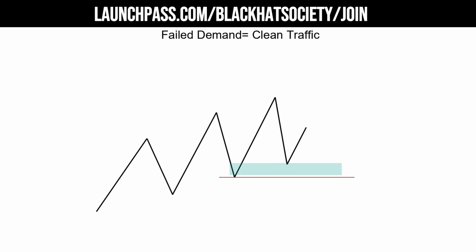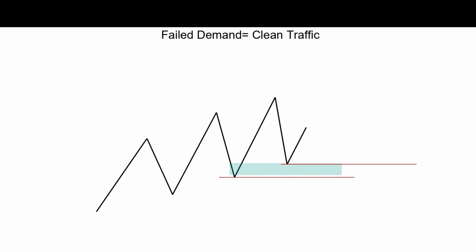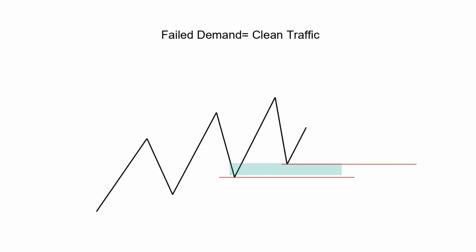So now that you know that price rejected from that internal liquidity, either or, price did form another swing. So that swing now is another external liquidity target or absorption. So now where's your clean traffic? Your clean traffic is in between both of these external points. So now when price does target that first swing, price will more than likely target the second swing too. And this is where you have your clean traffic.